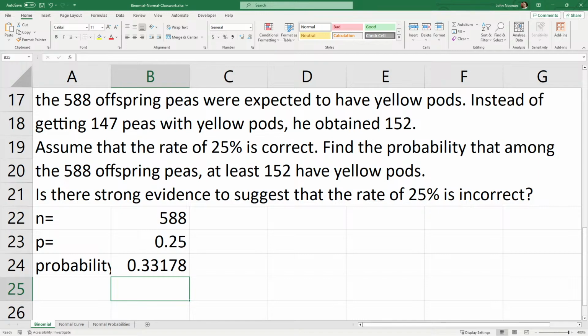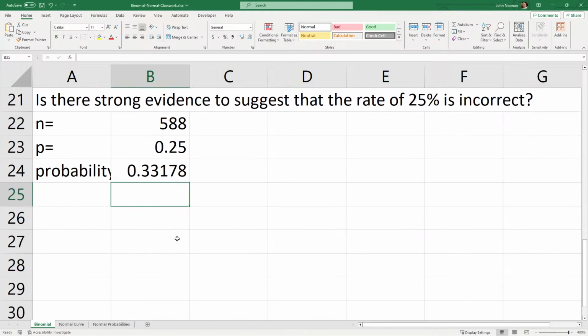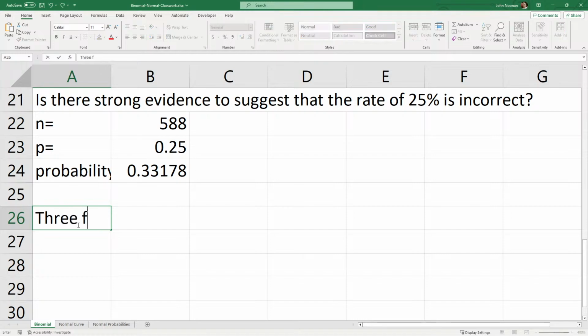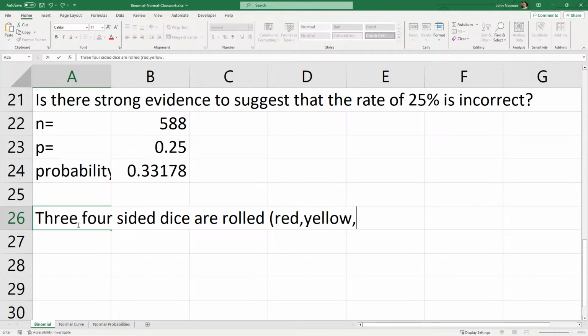Just like I just did, let's go ahead and do this up here. I'll type a brief explanation. So there are 3 4-sided dice rolled, and the colors are red, yellow, blue, and green. Those are the 4 colors that you could put on the dice.